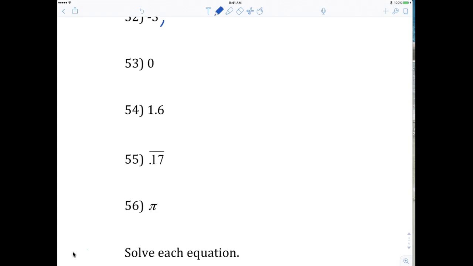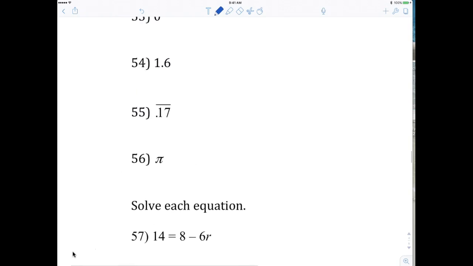Yes, it is a whole number, because remember, whole numbers start with 0. What about 1.6? Just rational. Very good. 0.17 repeated? Of course, rational also. And then pi is the only what? Irrational number.